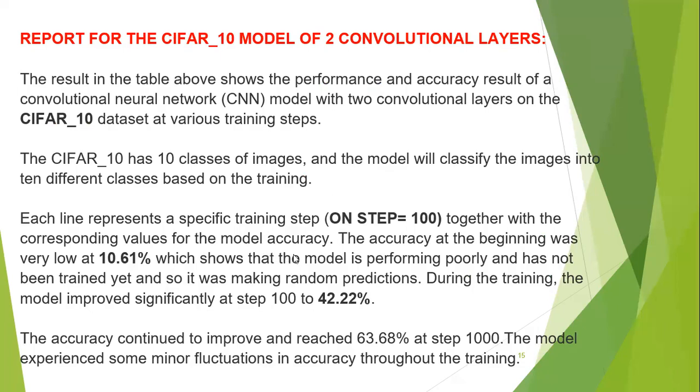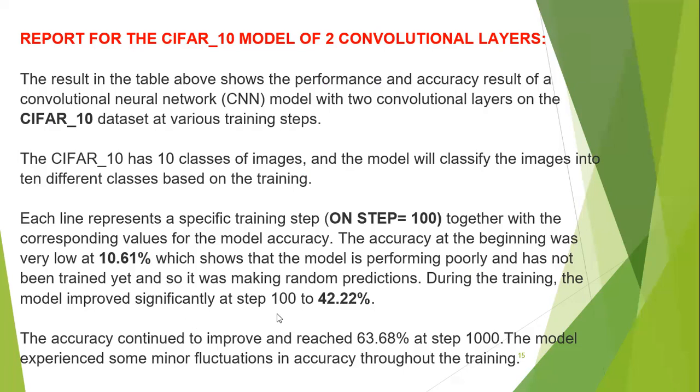Here, the model accuracy was very low at the initial stage because the model has not been trained yet, so it was making random predictions. As the training started, you can see the model started to improve significantly.